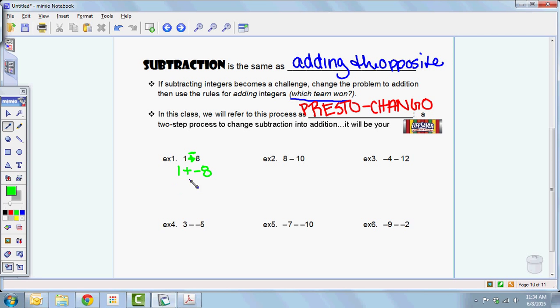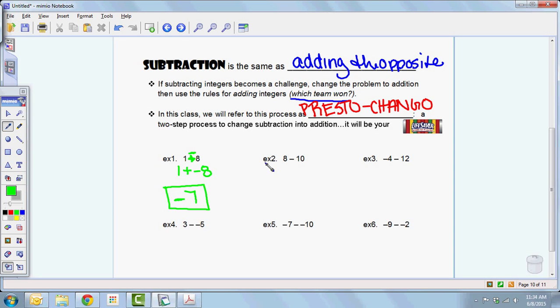Now this is what we did the other day. They're different signs, so I'm going to subtract them and get 7. And I'm going to take the sign of the bigger number. Which team wins? The negative team wins. So my answer is negative 7.